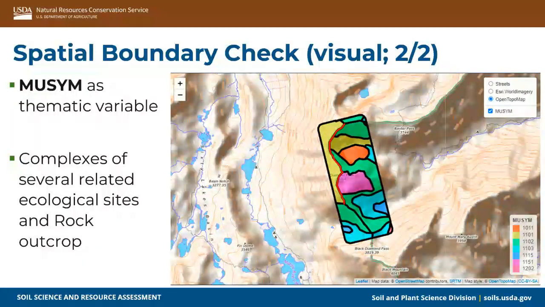And so it's something that you could go in and check and see if it's portraying what you want. And so again, these actually wind up looking a lot more similar when you drop out some of the miscellaneous areas. And you find that actually the shared ecological sites across these boundaries are similar.